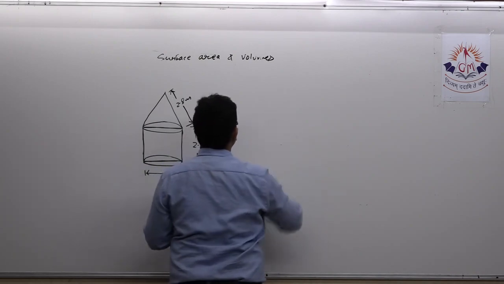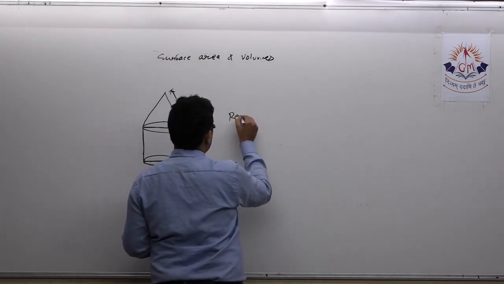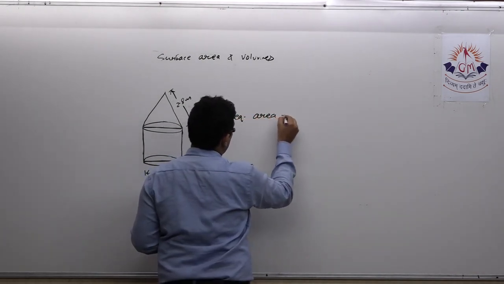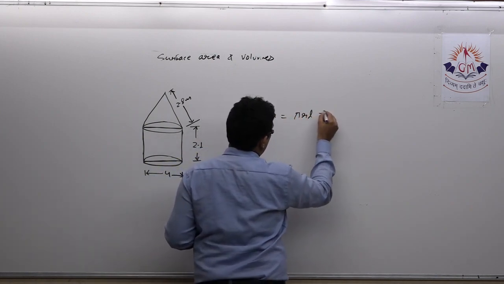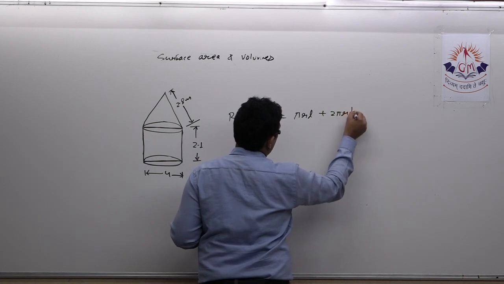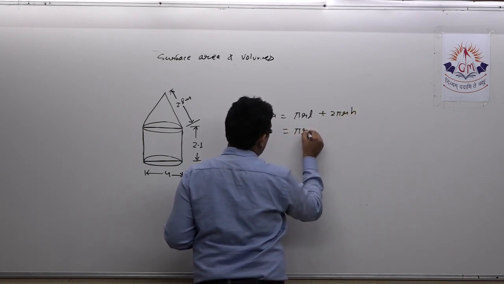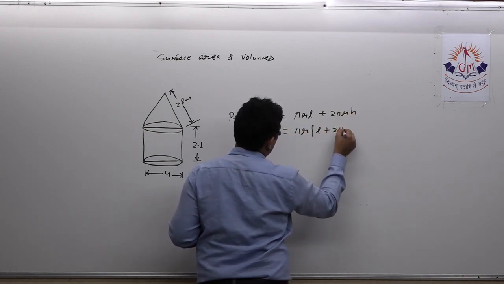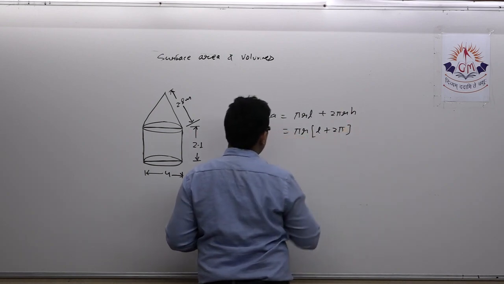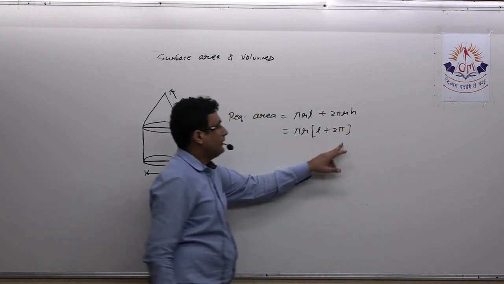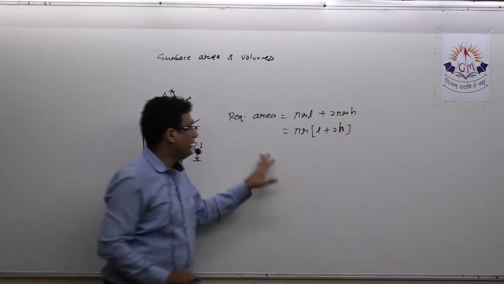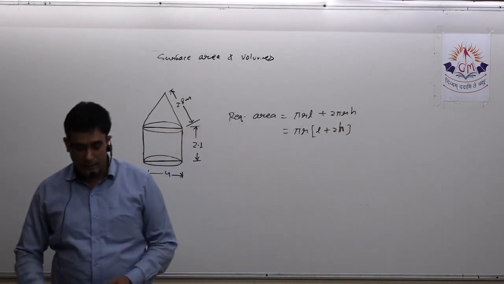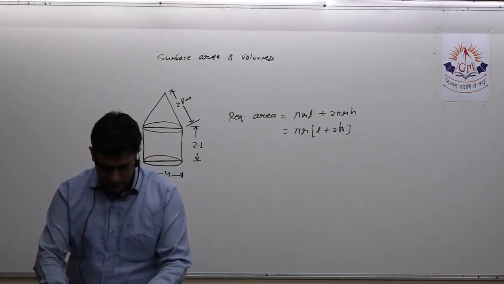So required area is equal to pi r l plus 2 pi r h. I can take pi r common: pi r times (l plus 2h). This is almost similar to the previous sum. R is given, L is given, as well as H is given. So everything is given, you just have to put in the values to get the final answer.